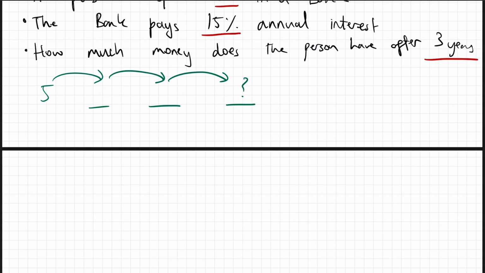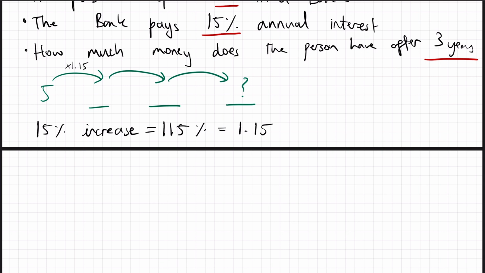I'll write this here. 15% increase is the same as 115%, and if you know how to convert percentages to decimals, then you'll know this is the same as 1.15. So what we can do is just multiply each step by 1.15.